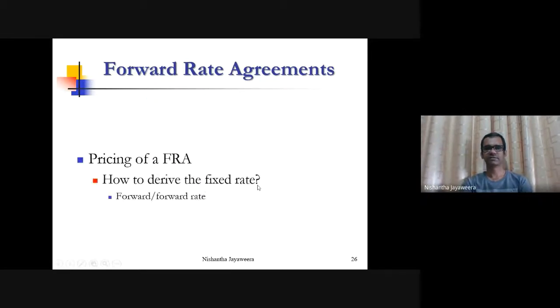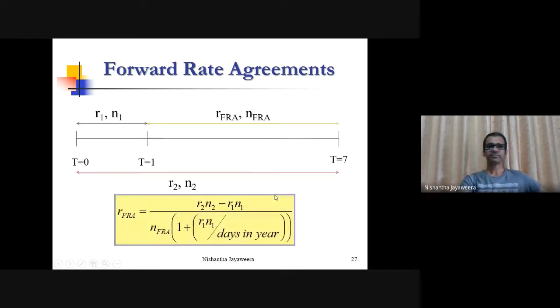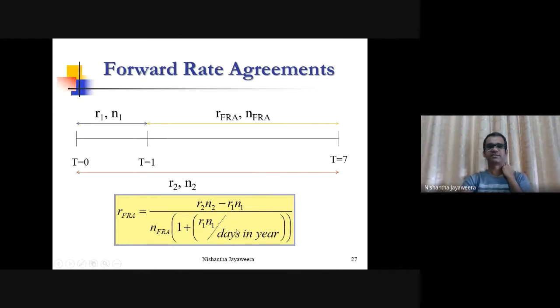How to derive the fixed rate? We call it the forward rate. This is the final result. If you do that calculation, this is what you get in FRA.